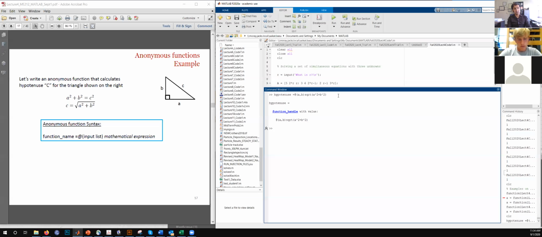Now suppose we are trying to calculate c. So let's type c equals hypotenuse, and now we have to give the input parameter values. Let's assume that a is 3 and b is 4. So c should be square root of 3 squared plus 4 squared, which is 5. And here you go.